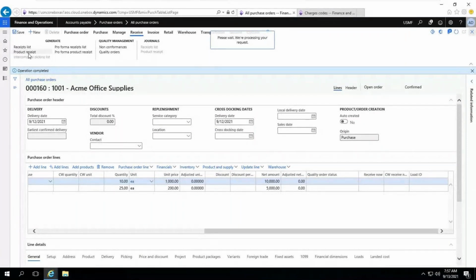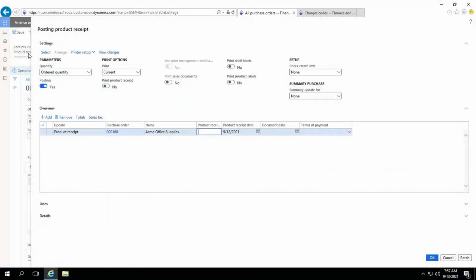Now once the product receipt is done, then invoice. For the invoice, what happens? It is updated with 15,150, which is material cost, and invoice it is vendor account. It will be the full amount. Let me show you that quickly.